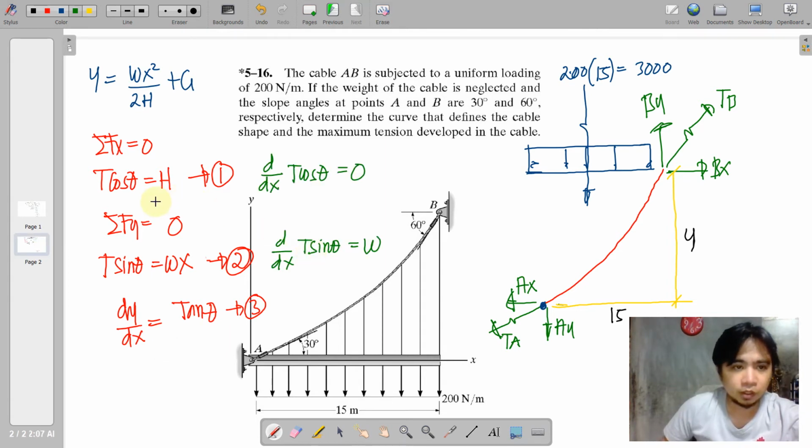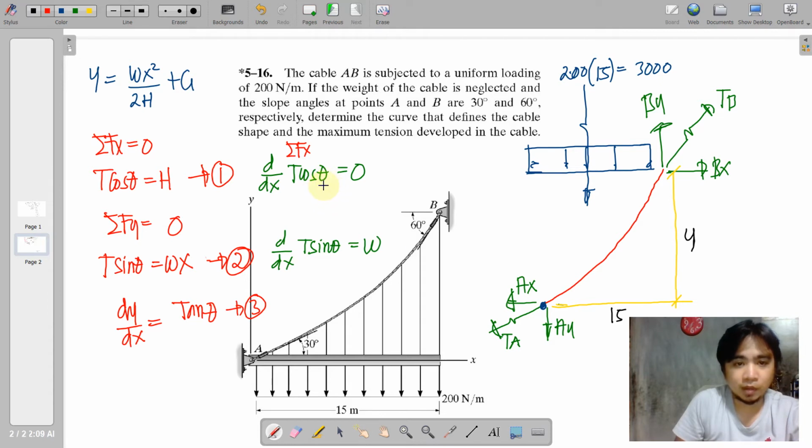And then we note here that equation 1 came from this differential element, d over dx of T cosine theta is equal to 0. And this came about by taking summation of forces x considering an element of the tensile force in the cable.